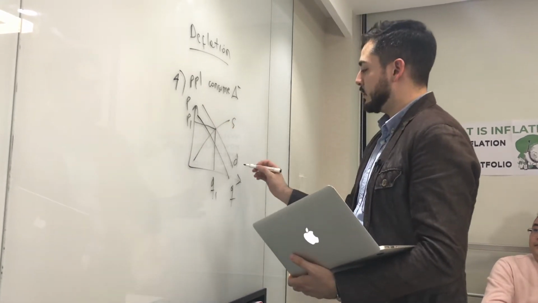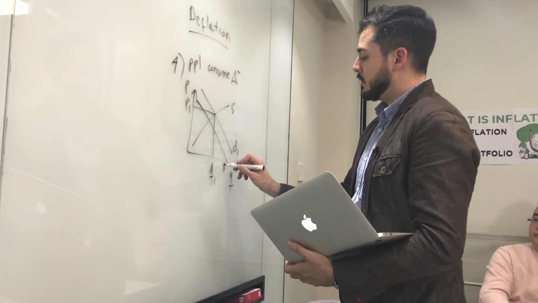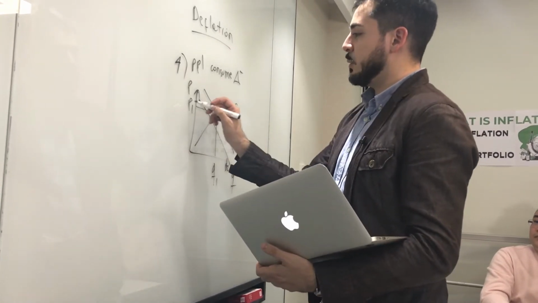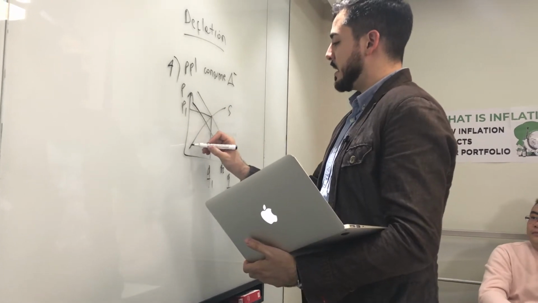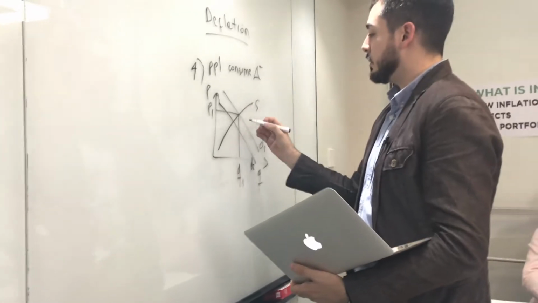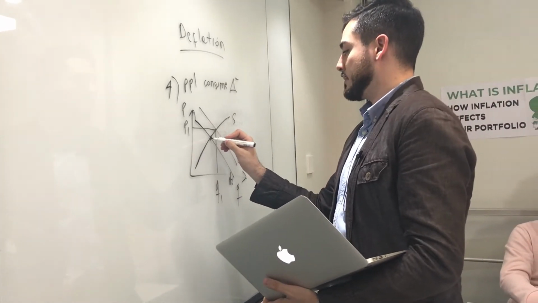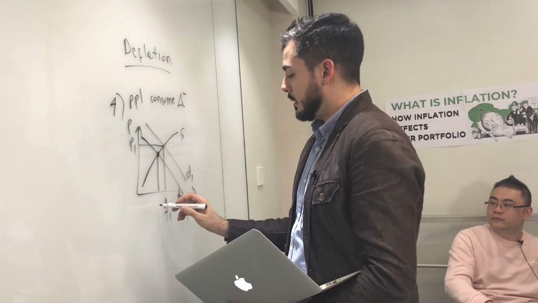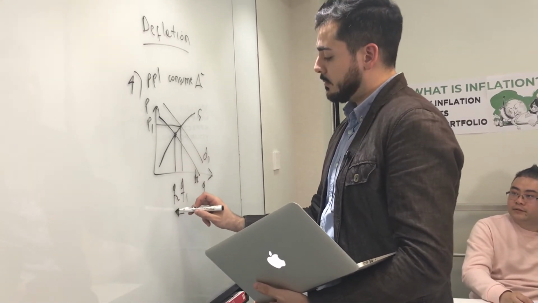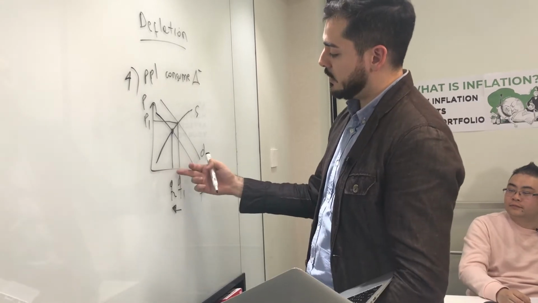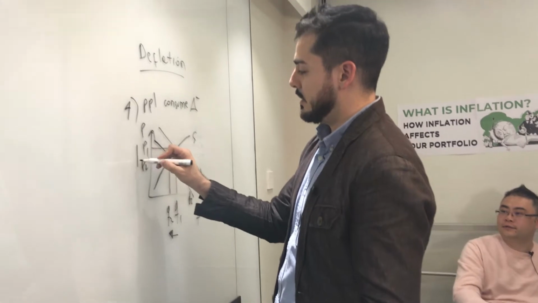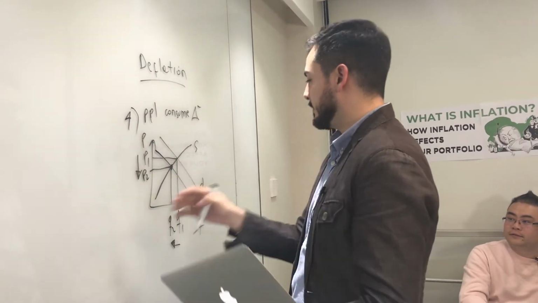Demand decreases. So this demand 1 decreases to demand 2. This was the original price, and now for the same supply we have to find the new price. So it will be this price. We see Q2 decreased, people consume less, and the price also goes down.